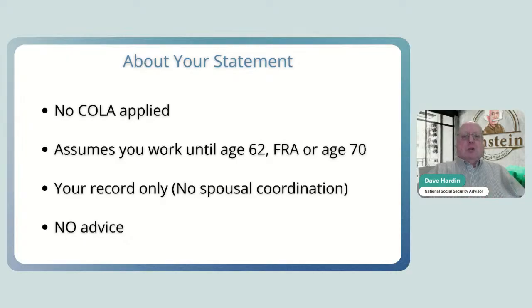She didn't grow up in a royalty family with a massive inheritance, and neither did I. Our financial life is tied inexorably together. But Social Security looks at her like she doesn't know me. It looks at her record only, and it looks at my record only, and it won't show me how to coordinate those. That's crazy. And most of all, they cannot offer you advice.